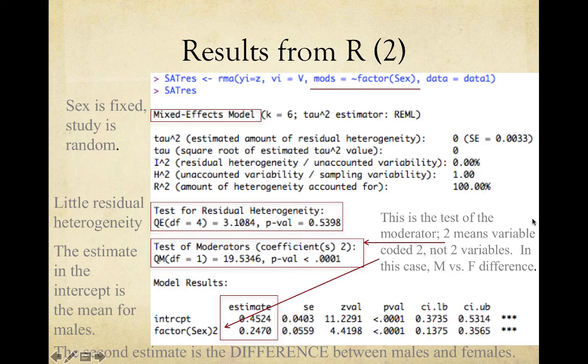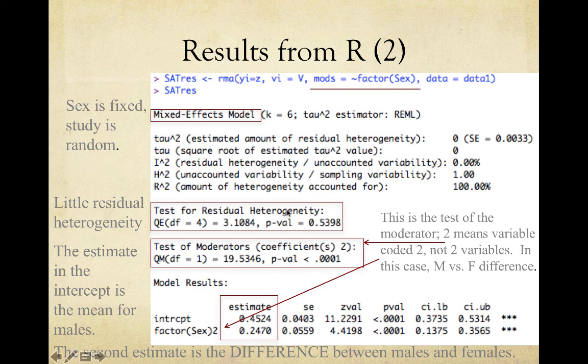All right, so what do you get? You get the model results estimate, where it says intercept. That is the value of the mean for the males. And factor 2, that is the difference between the males and the females. So this thing right here is the test of the difference that the moderator makes.